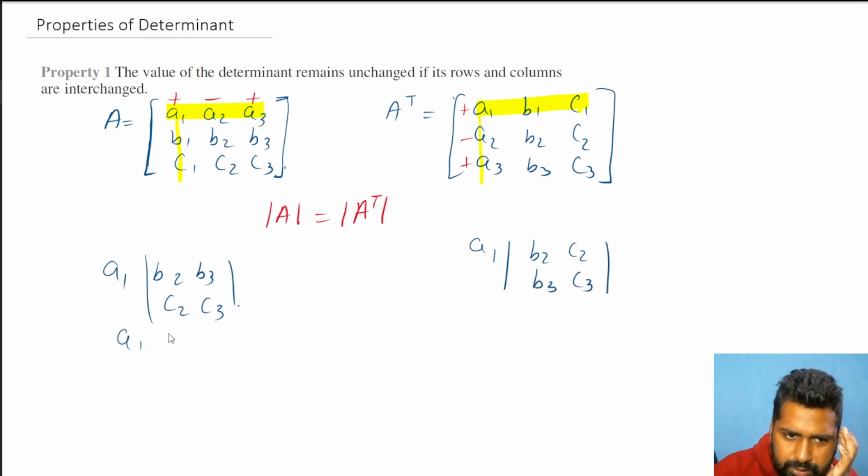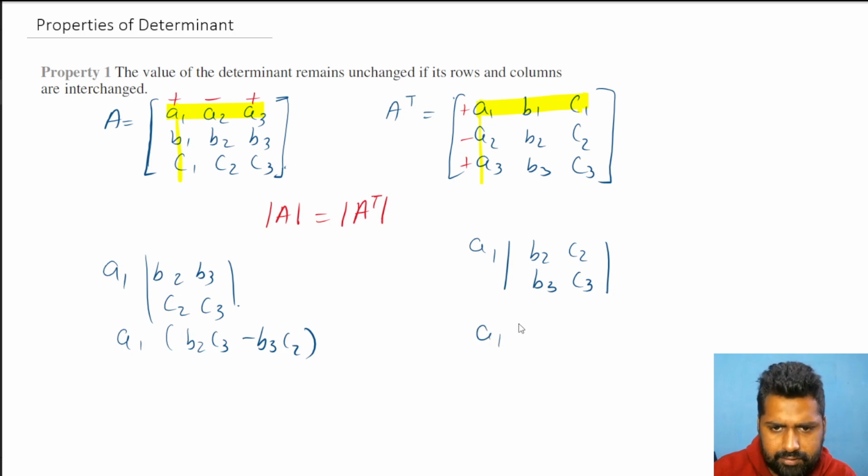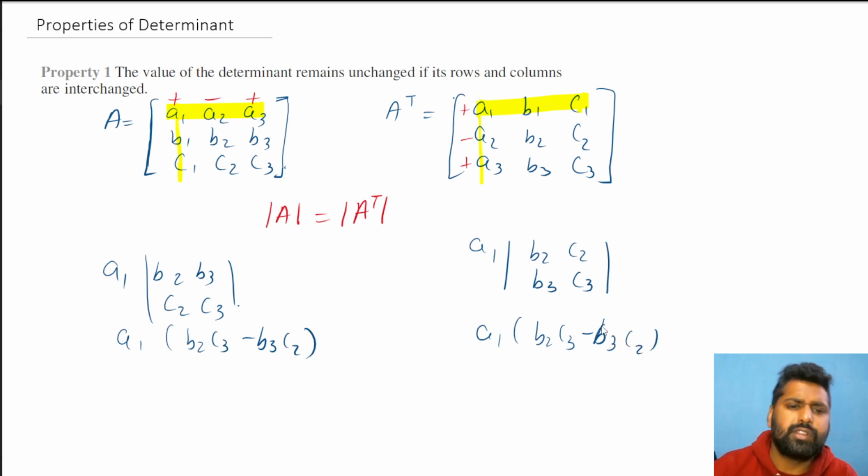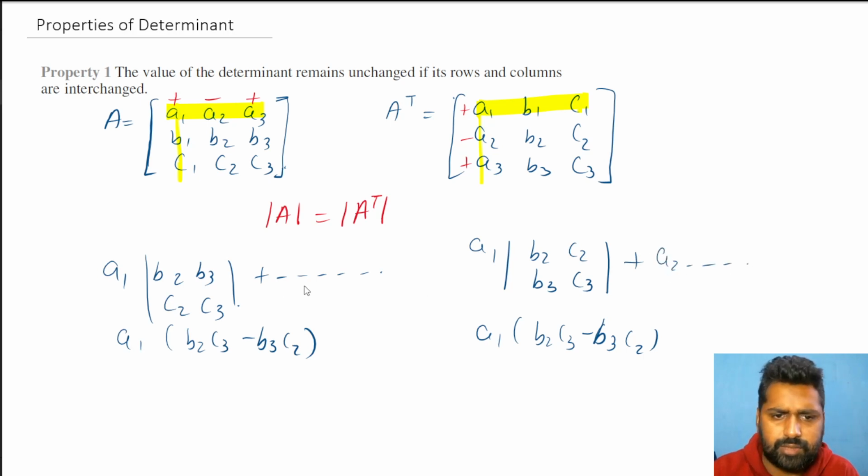If we open this, what do we get? B2, C3 minus B3, C2. Here we'll get A1 into B2, C3 minus B3, C2. So just the first expansion of the determinant gives this idea. Same thing you can do with A2 and A3, A2 into something, A3 into something.